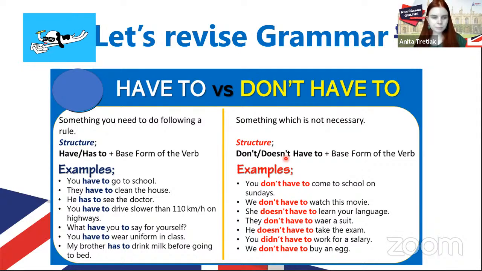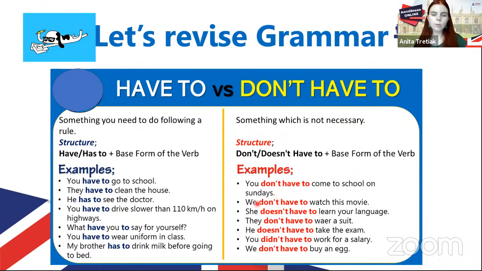And the thing is that you don't use has to here. So this will be have to for both I, we, you, they, and he, she, it. So try to remember, don't have to, doesn't have to. And again, base form of the verb. So nothing special here, everything's the same.